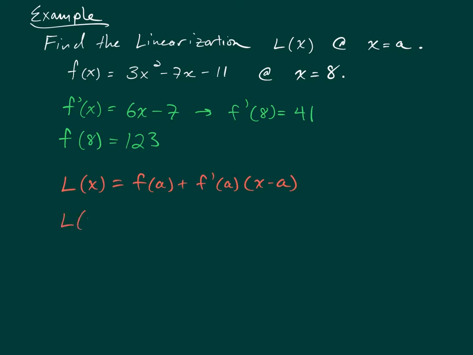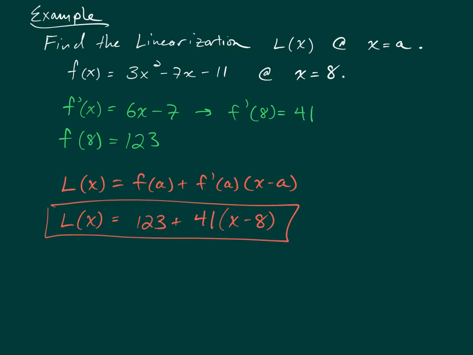So we know that the value at that particular x value 8 is 123. That is f of 8, right? We substitute 8 in here and get 123 plus 41, that is the slope when x equals 8, times x minus 8. There is the linearization centered at 8 for the function 3x squared minus 7x minus 11.